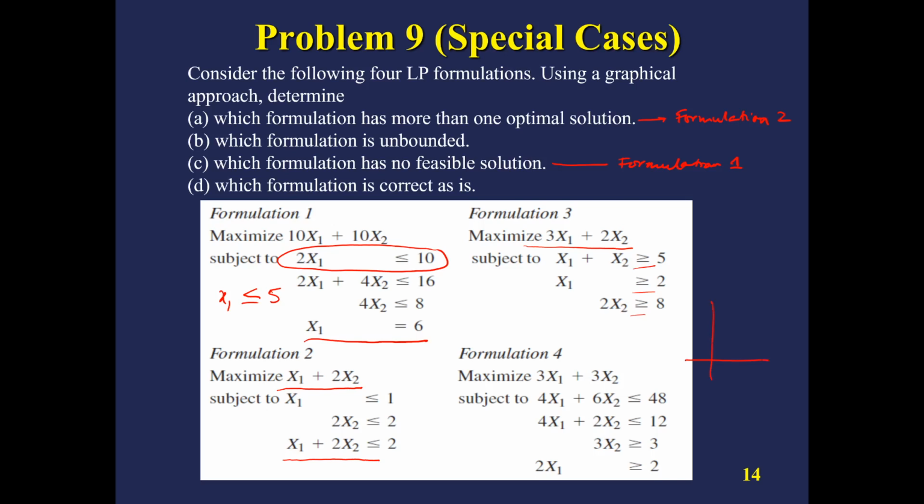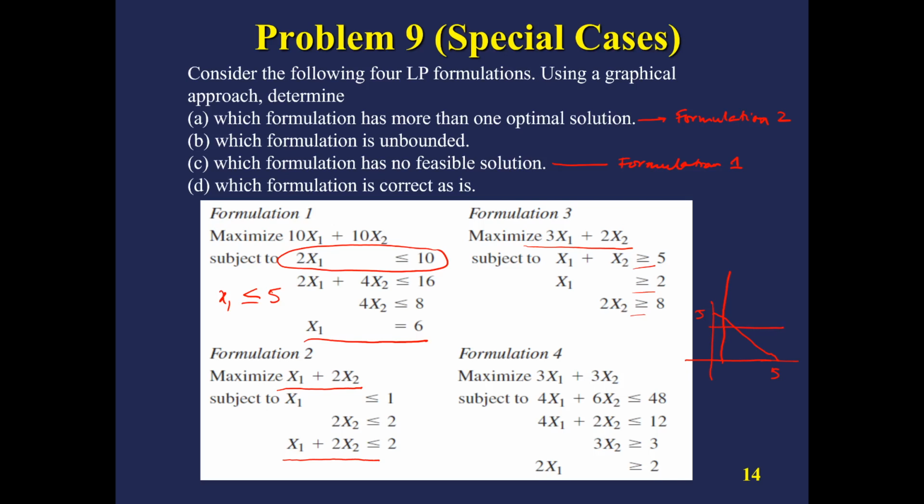Let's draw that. The first constraint is x1 plus x2 greater or equal to 5, it's on this side. x1 greater or equal to 2 is like that. And 2x2 greater or equal to 8, which is x2 greater or equal to 4, is like that.